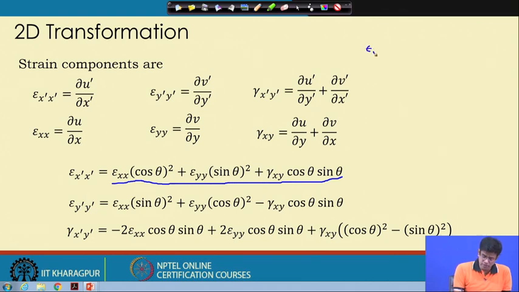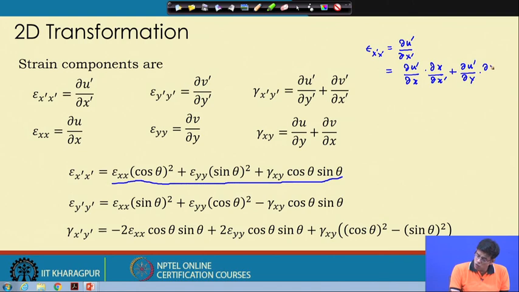You derive it essentially as epsilon x prime equals del u prime by del x prime. This I can simply write as del u prime by del x into del x by del x prime, and then del u prime by del y into del y by del x prime. You know this from the coordinate transformation that we have seen.